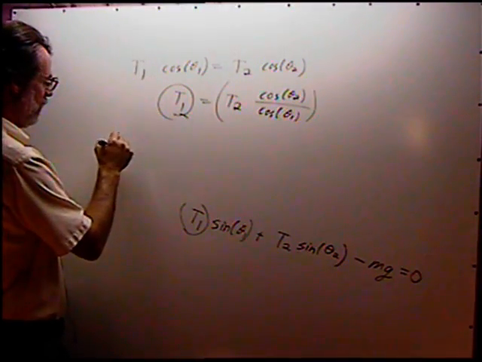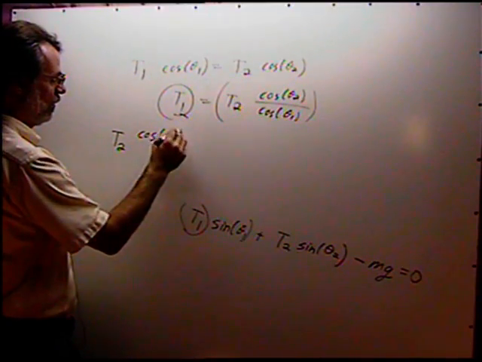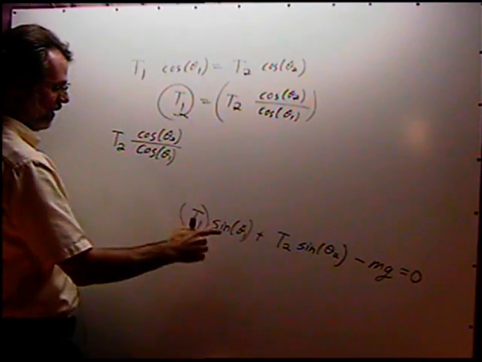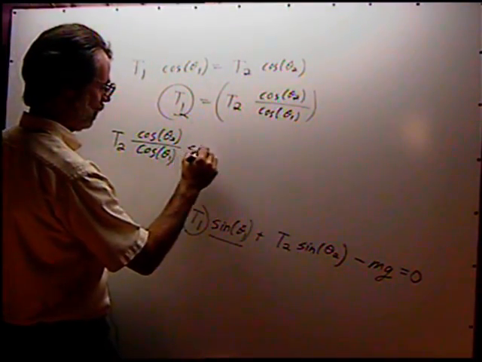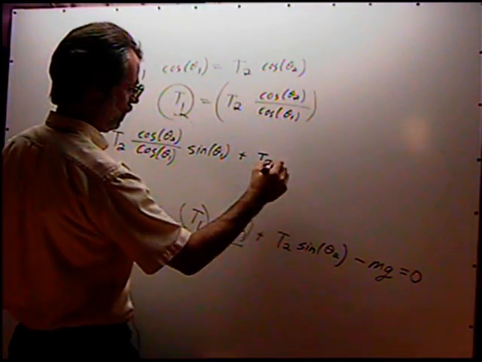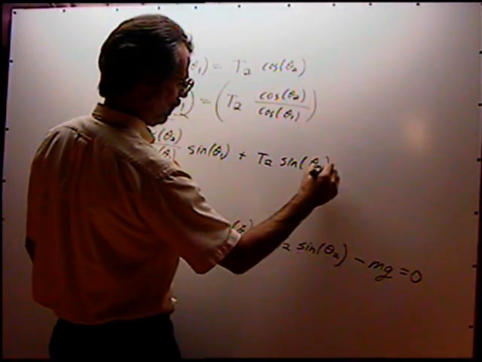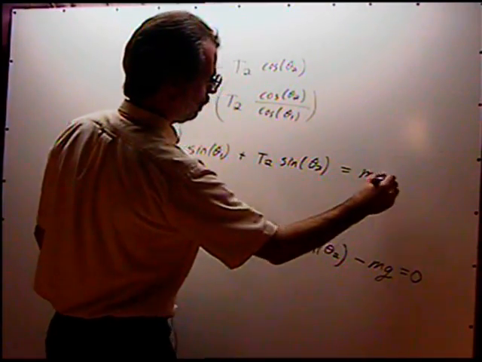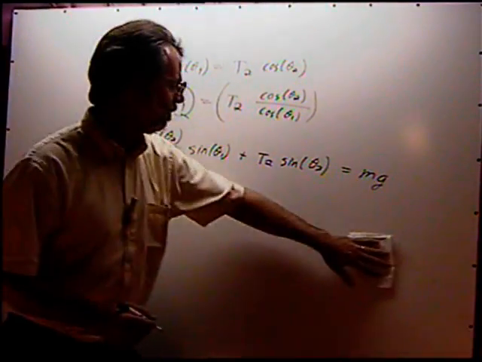So we would have T2 cosine theta 2 over cosine theta 1 times sine of theta 1, plus T2 sine of theta 2, and then I'm going to put this on the other side, equals mg. Okay, I'm going to erase this.